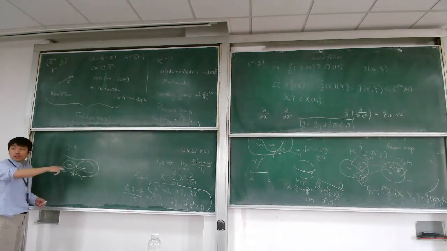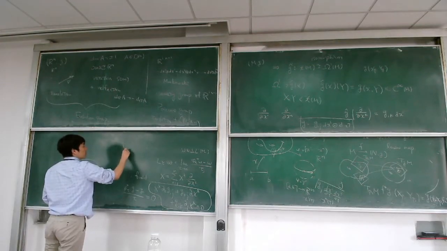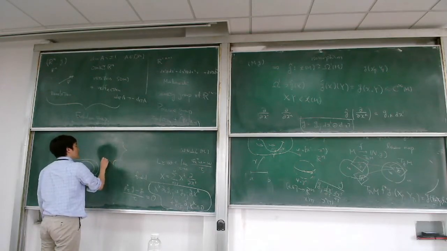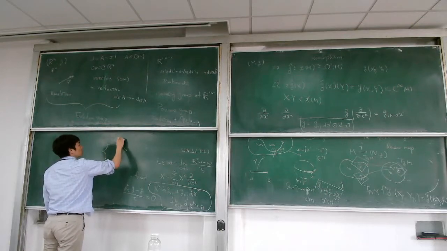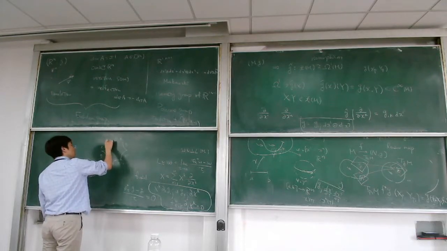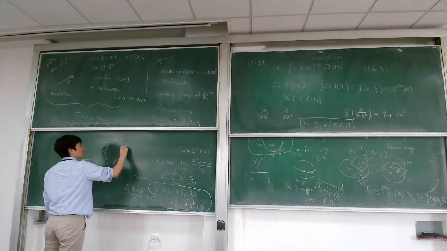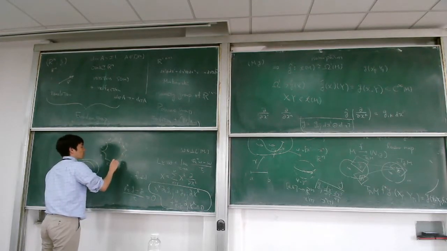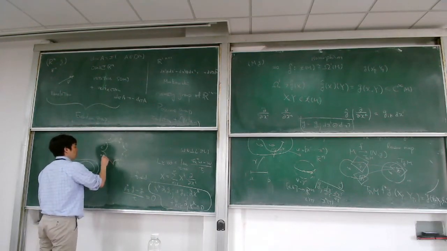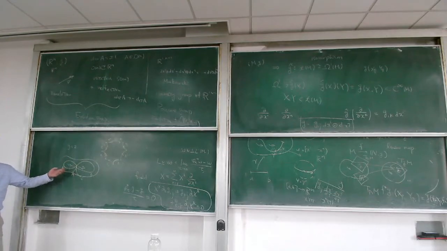If you have a genus 2 surface and then you cut along this yellow line, then what you would get is as follows. So if you cut the Riemann surface, you get this.